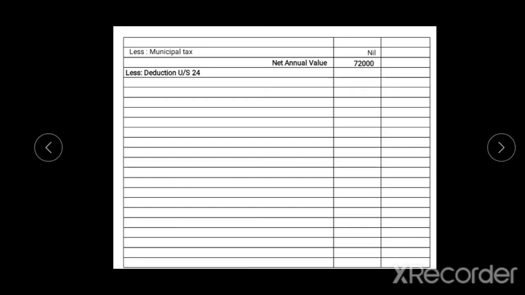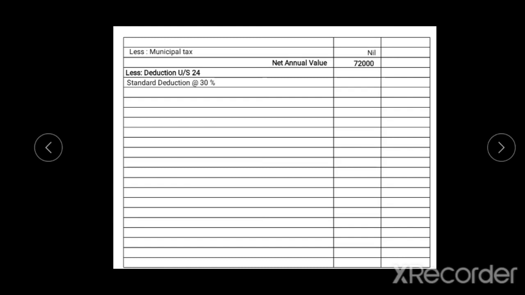Okay. Next, after getting the net annual value, again in income from house property we have to reduce deduction under section 24. Here, two deductions will come. First one is the standard deduction, which is 30% of net annual value. It is always fixed under the head income from house property.